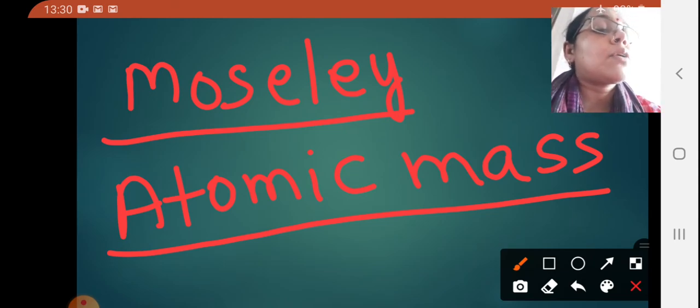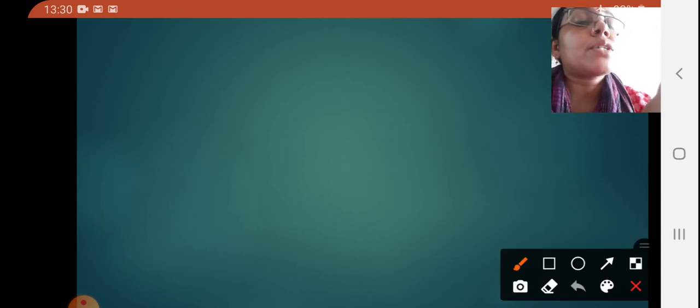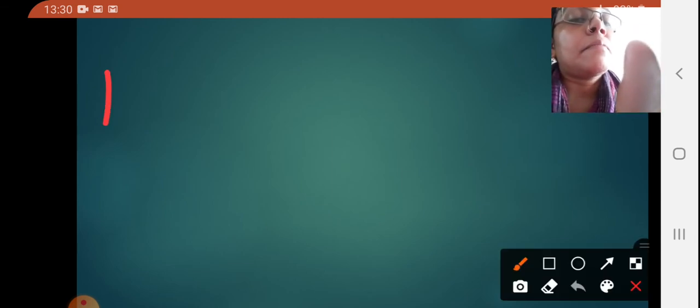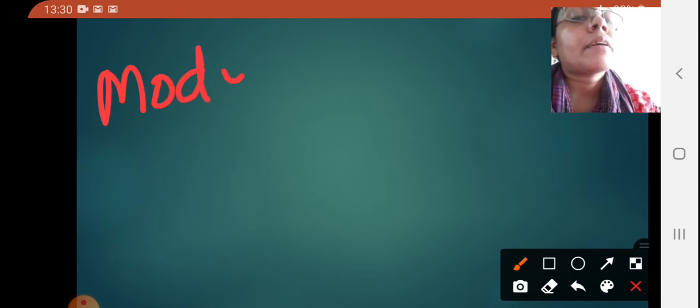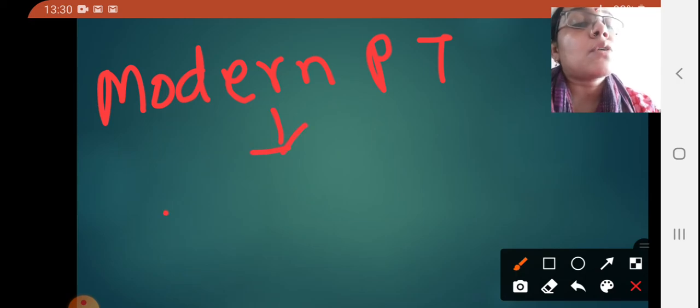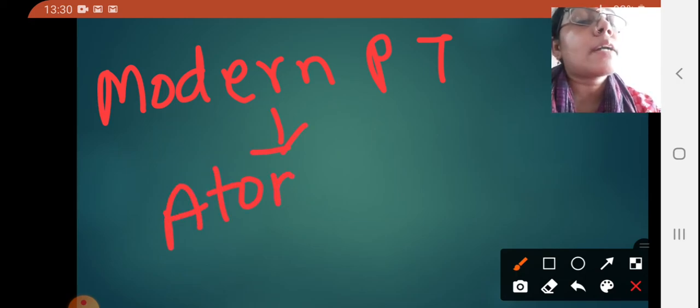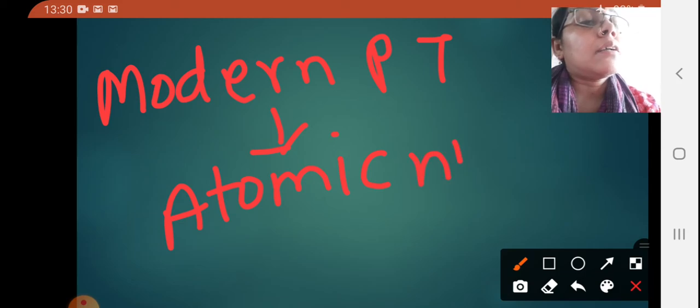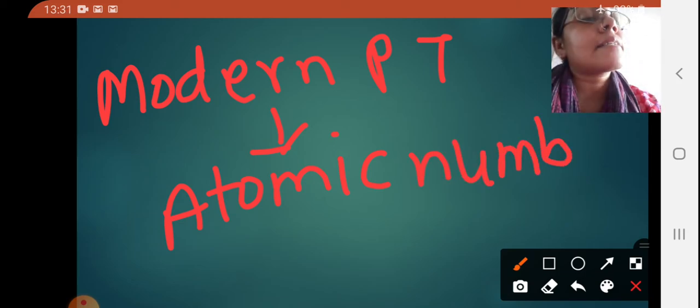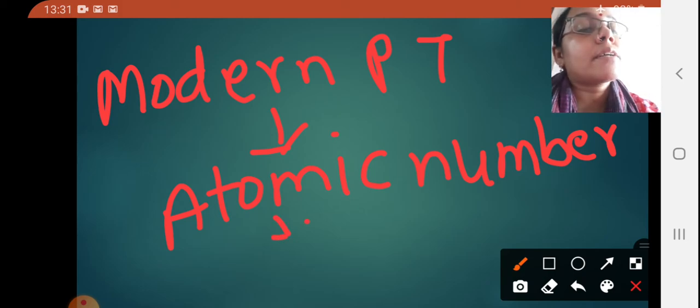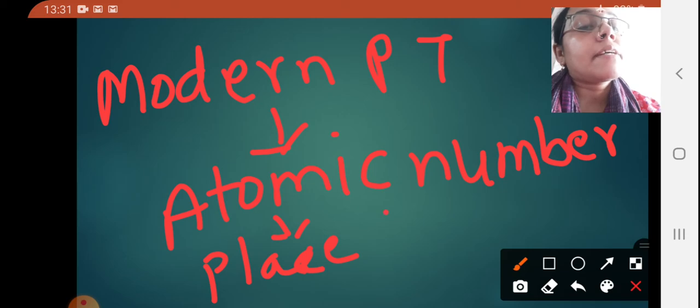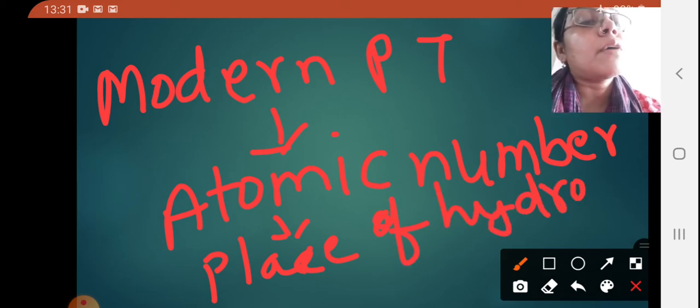Only Moseley's periodic table, which is referred to as the modern periodic table, is based on atomic number, and it does not have any drawback except one, that is the place of hydrogen.